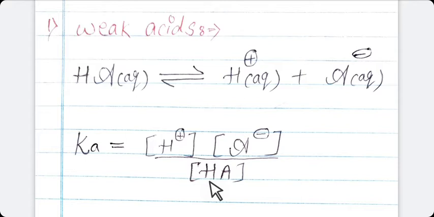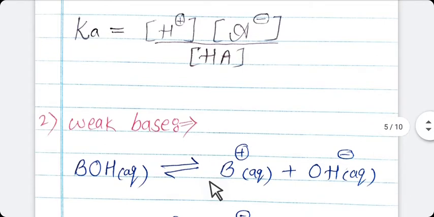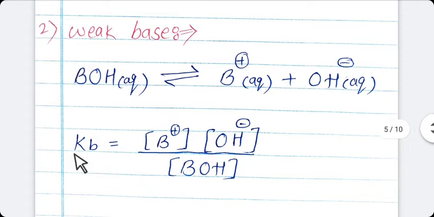Similarly, when we are using weak base, the general reaction of weak base is BOH aqueous reversible to B plus aqueous OH minus. Only in place of Ka, we are using here Kb, capital K, small b. Kb is nothing but an equilibrium constant called base dissociation constant. Formula is same, concentration of product upon concentration of reactant.